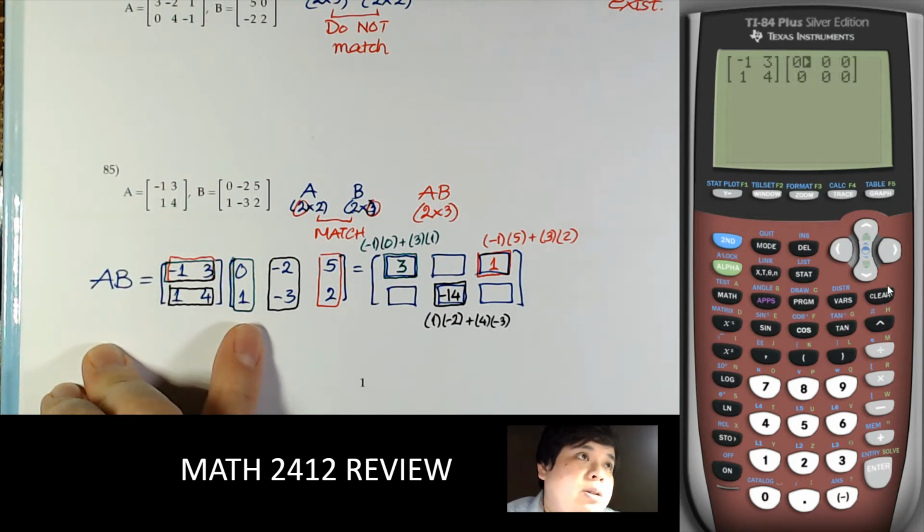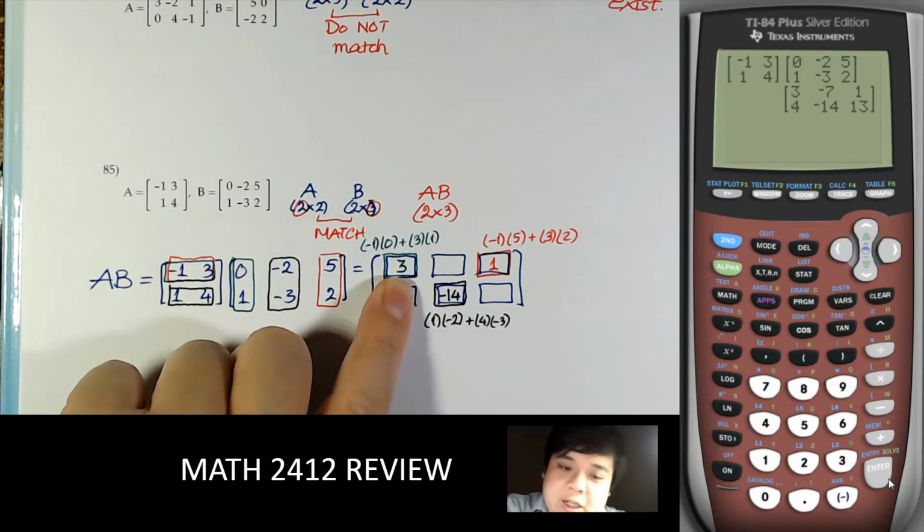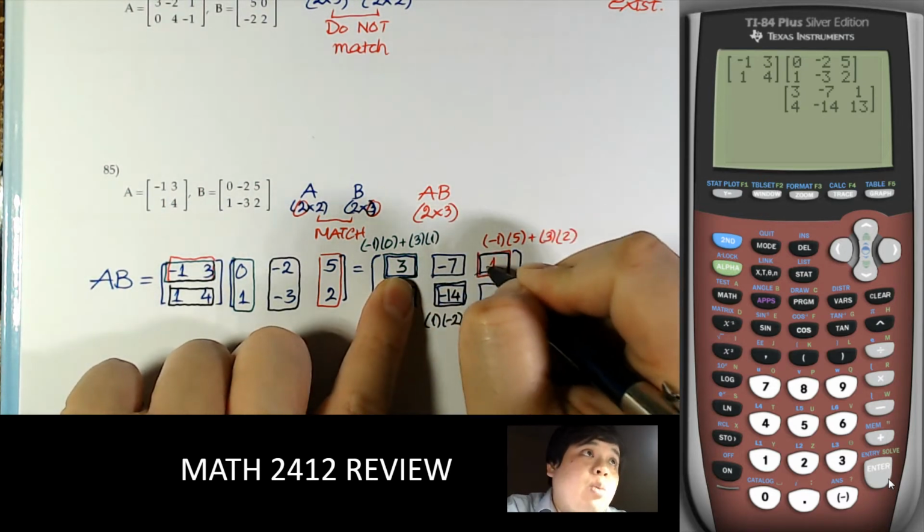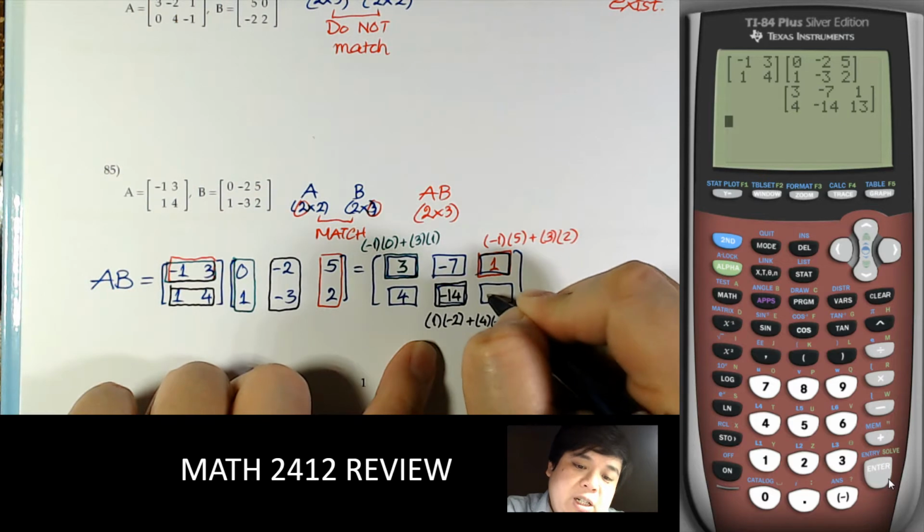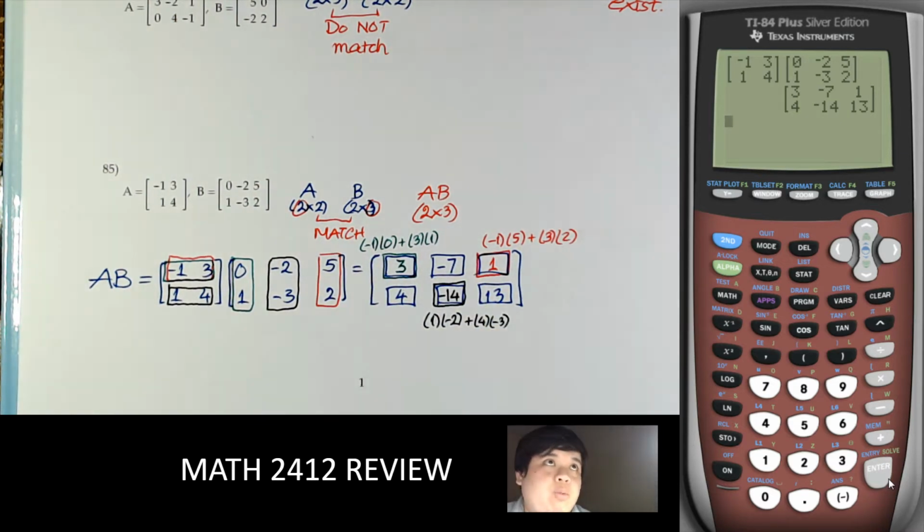Then 0, negative 2, 5, 1, negative 3, 2. Then we get 3, negative 7, 1, 4, negative 14, and 13. So that's pretty much it.